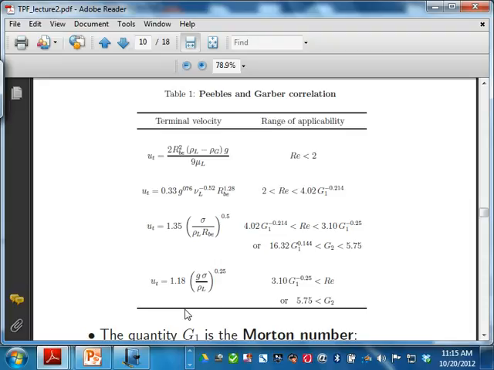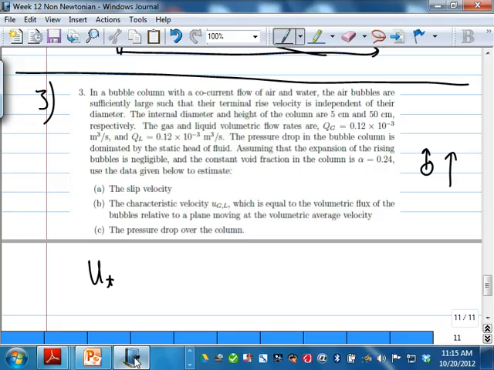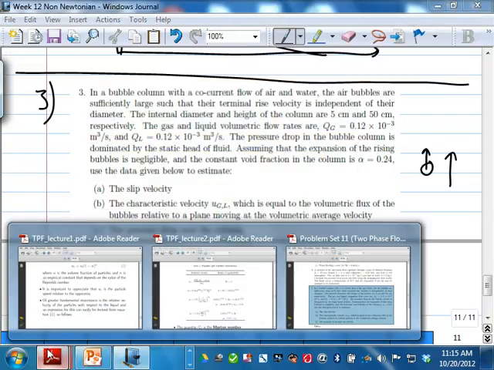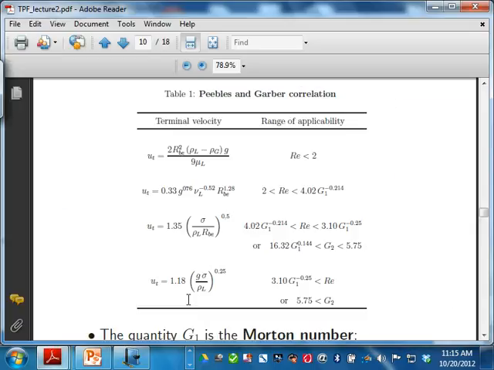Okay. So before that, the bubbles are sufficiently large such that the terminal rise velocity is independent of their diameter. So in this table, the diameter is, this R is the radius of the bubble.